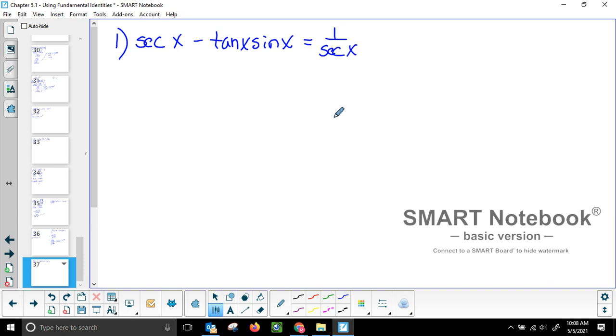Okay, so the idea of a verification is, unlike a simplification, they give you the answer. They say this thing equals this thing. Basically, a verification is show me how to do it. Show me how you get from here to here.